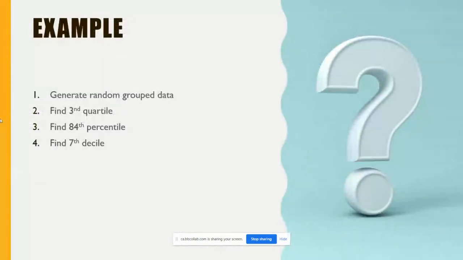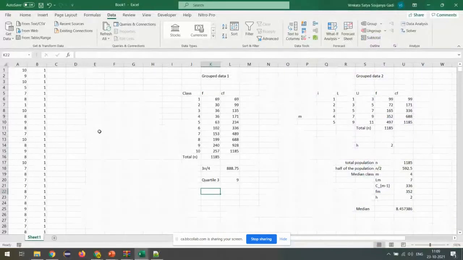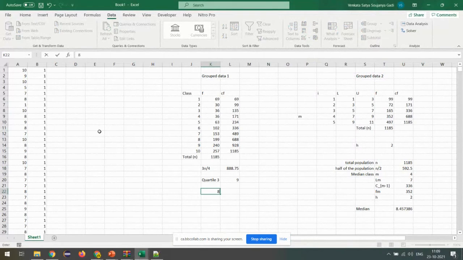If you want the 84th percentile, what do you want? 84 times n divided by 100. We divide the whole population into 100 pieces and we select the 84th. So the whole population times 84 divided by 100 is 995. Where does 995 go? It is a 10.